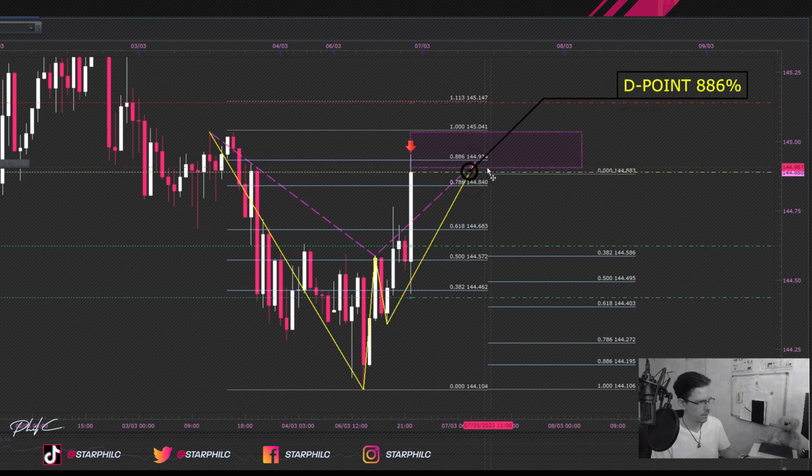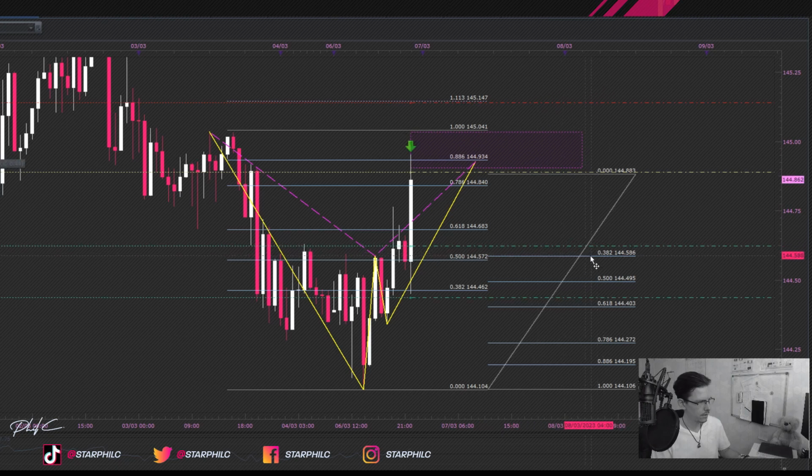And these are my orders. So I'm just resting below the 886. The reason being is markets are imperfect, right? So I always want to front run. And that's why with my targets here, I'm not at the 382 and I'm not at the 618.